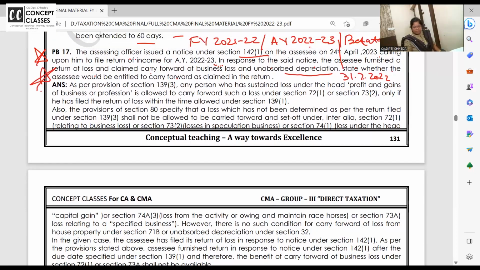As per the provisions of 139(3), any person who has sustained a loss under the head profits and gains is allowed to carry forward such a loss only if he has filed the return of loss within time. Also, you have to file the return on time. Provisions of section 80 specify that a loss which has not been determined shall not be allowed to be carried forward.